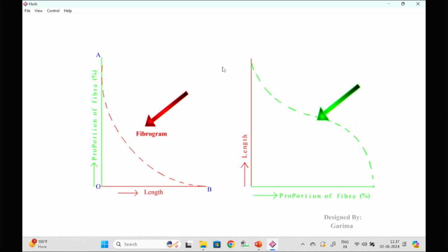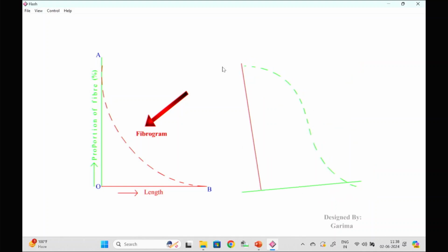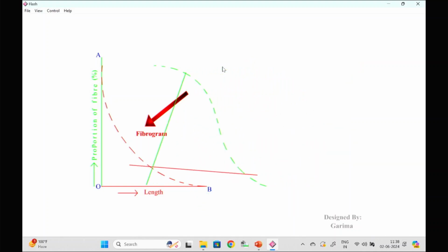Now we are superimposing these two curves, superimposing the proportion axis with the proportion axis and length axis with the length axis.